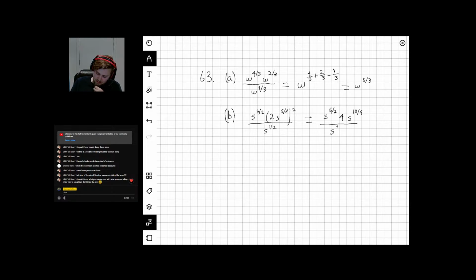We've got s to the 1/2. If I want to add these two together, because that's exponents, this is the same as 10 over 4. So I'm going to get s to the 20 over 4 times 4 over s to the 1/2, because we still haven't evaluated that yet. So 20 over 4, that's 5. And we get 4 s to the 5 minus 1/2. So we're going to have 4 and s to the 4.5.